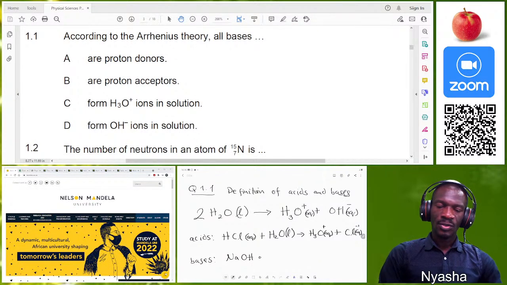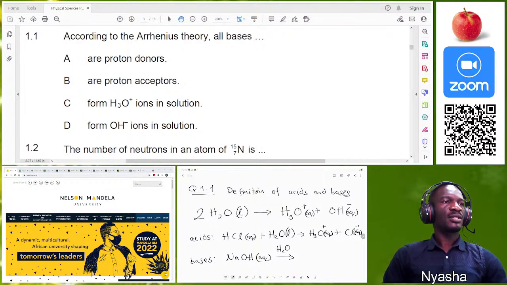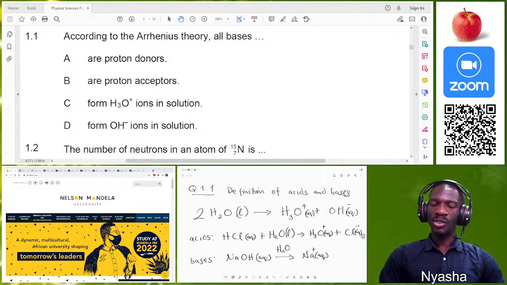If you have sodium hydroxide in aqueous state, and you use water to have it dissociate, this will form your sodium ions in solution plus your hydroxide ions in solution.